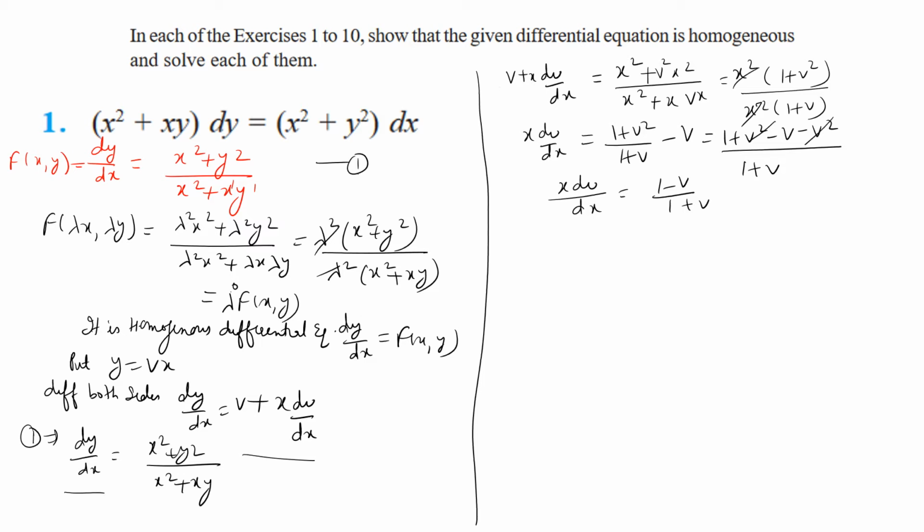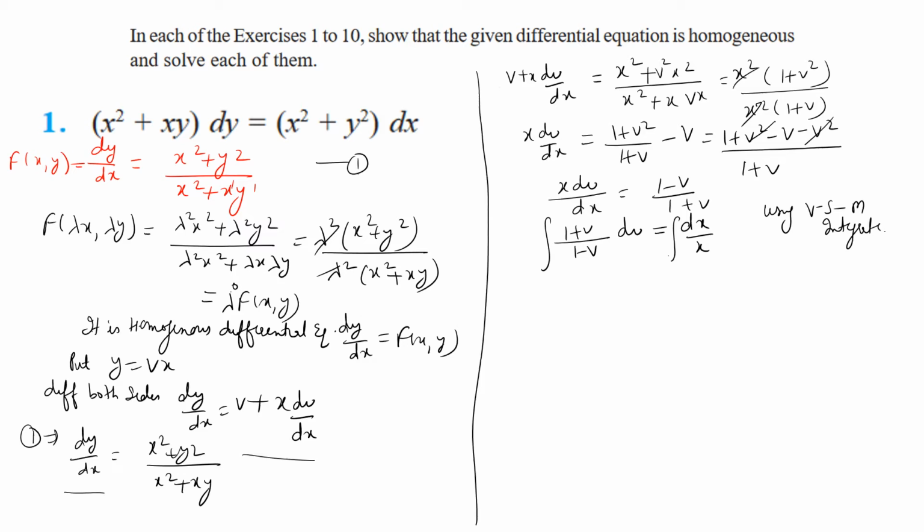Let us separate the variables because just v and x are there. Cross multiplying, (1 plus v) upon (1 minus v) dv is equal to dx upon x. We can see that now the variables are separated, and using the variable separable method we will integrate.